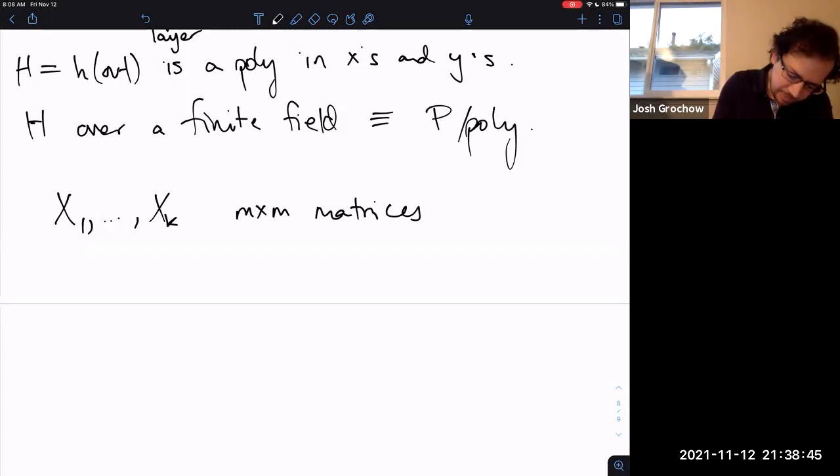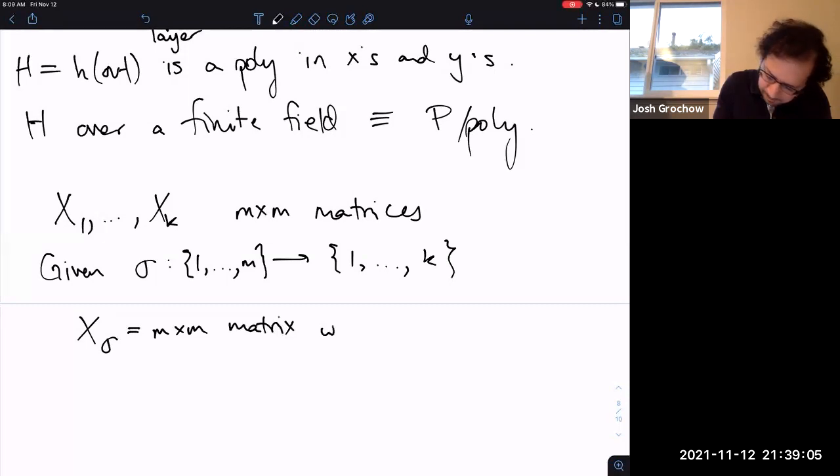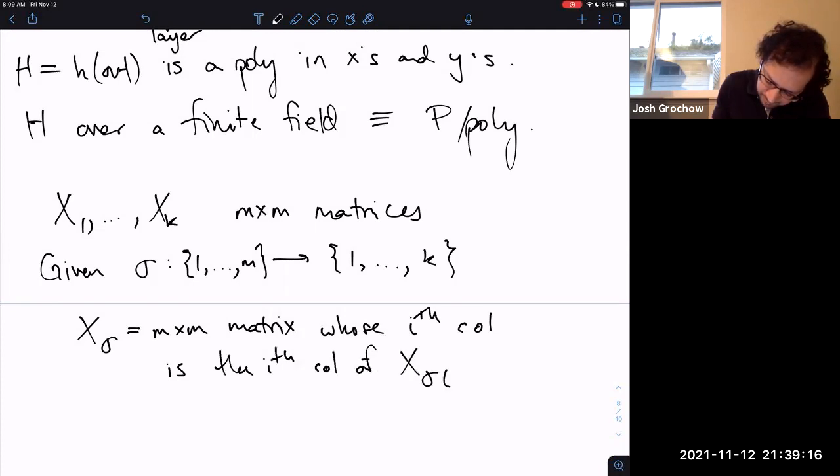And then given a function sigma, I will build a new matrix, X sigma. So this will be an m by m matrix whose ith column is the ith column of X sigma i.